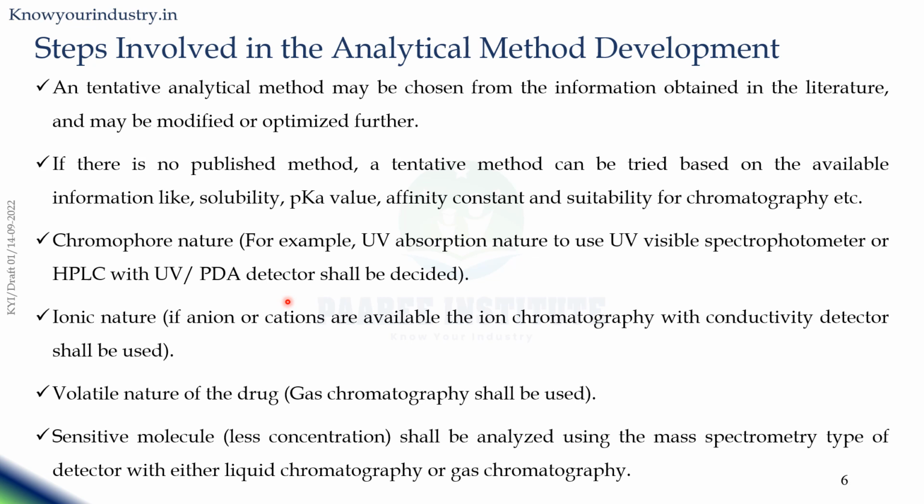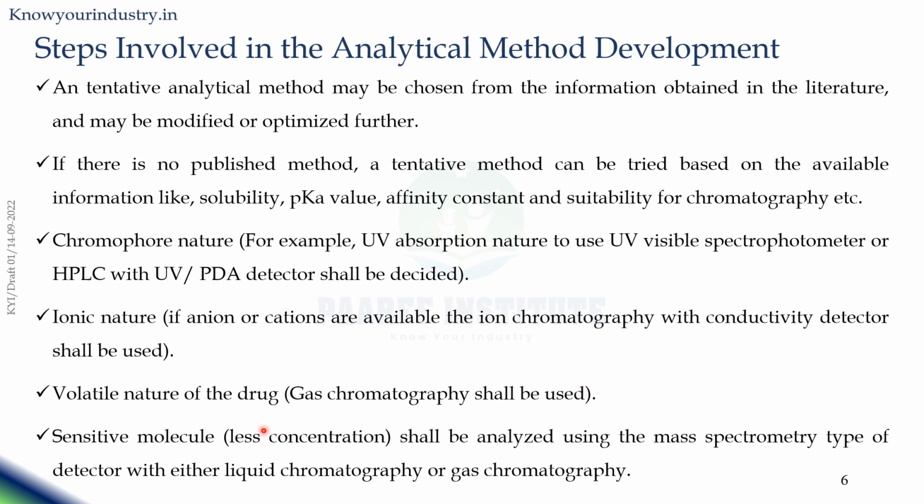So you can use either a colorimetric method or a UV spectrophotometric method for a chromophoric compound, or you can use a chromatographic technique, an HPLC equipped with UV or PDA detector for this particular compound. If the compound is ionic in nature, if it is an anion or cation, you can use ion chromatography with a conductivity detector. Then if the compound is very volatile in nature, you can choose a gas chromatographic method.